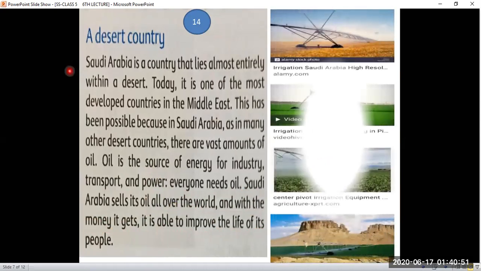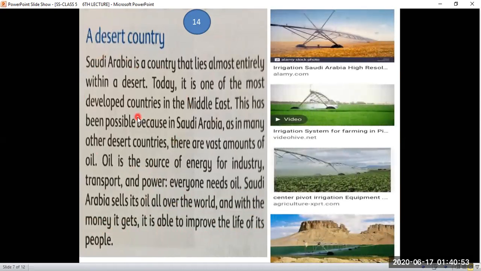So we are living in Saudi Arabia. The dependency of the Saudi Arabian people is mostly on oil, but in a few areas of Saudi Arabia there is also a lot of irrigation, and they are self-sufficient in different things, such as wheat.